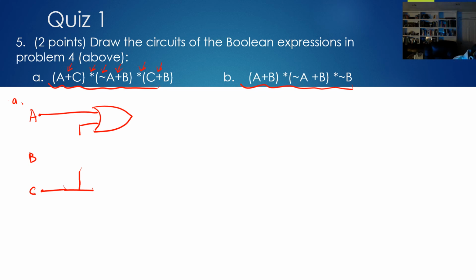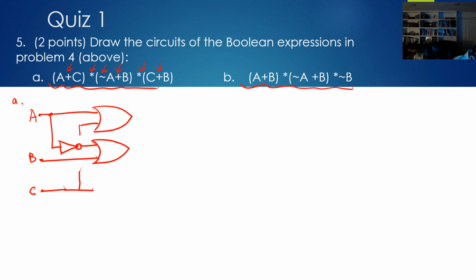Now the second one is tilde A plus B. So then I'm going to use the second OR gate. The second OR gate uses B as an input. Now the other input is tilde A. So the A needs to pass through the NOT gate and then connect to it, right?